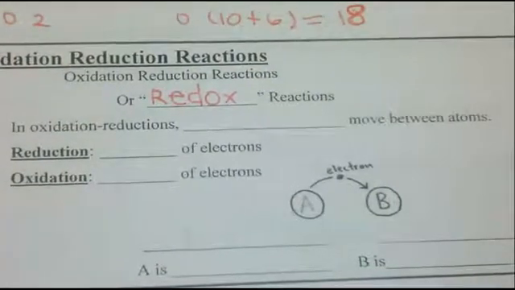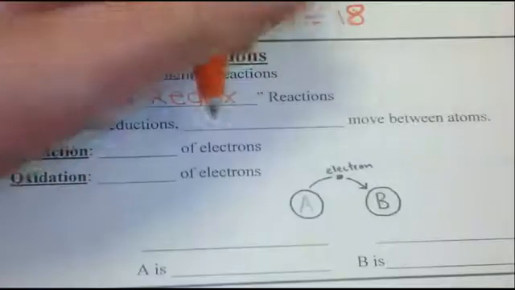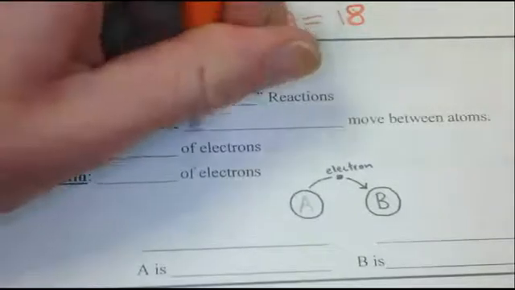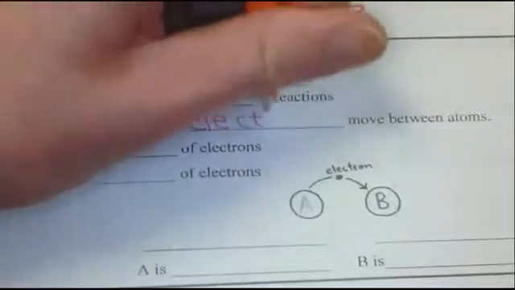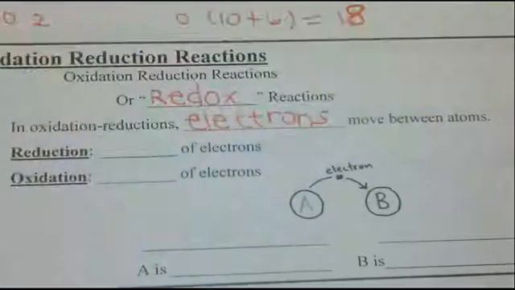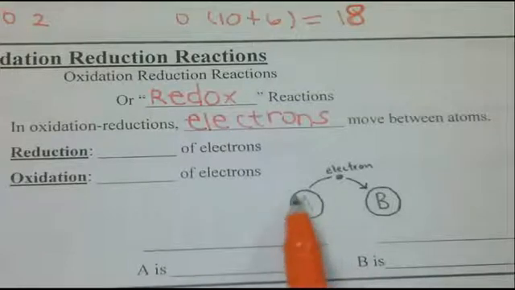So, in an oxidation reduction reaction, electrons move between atoms. See, this is our electron. So this is a redox. So A is giving away its electron to B.